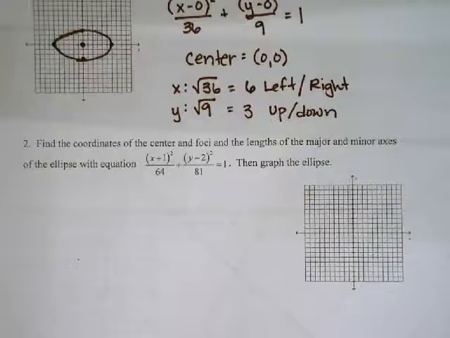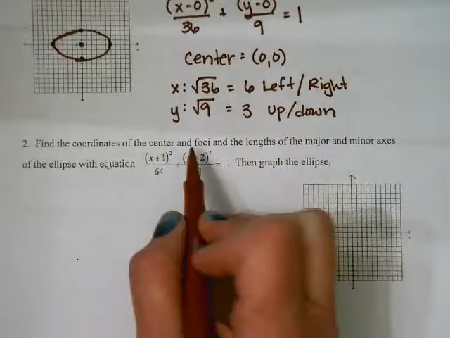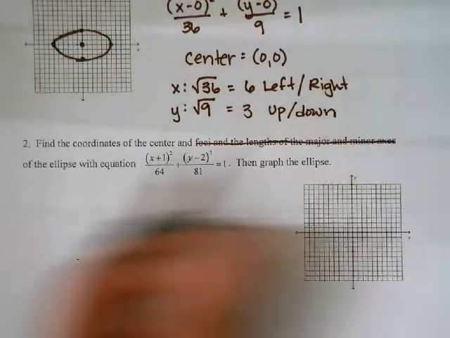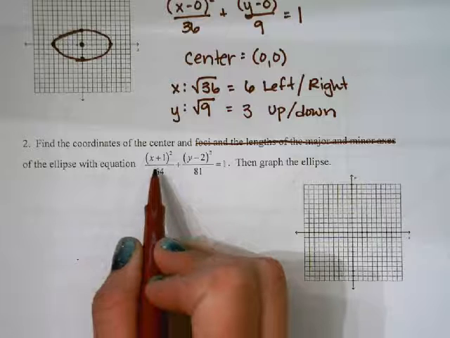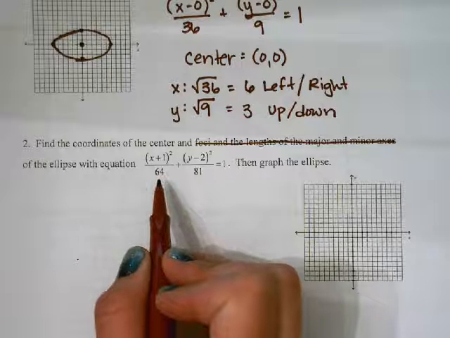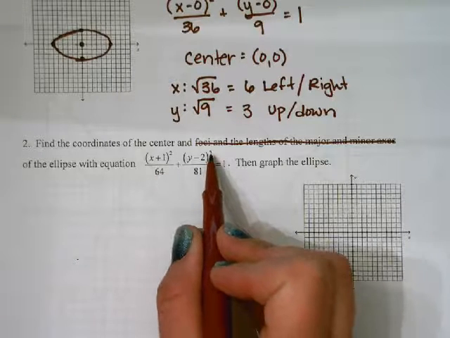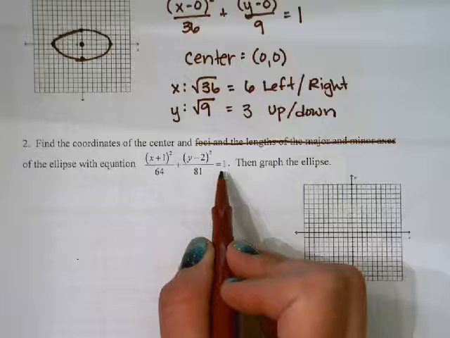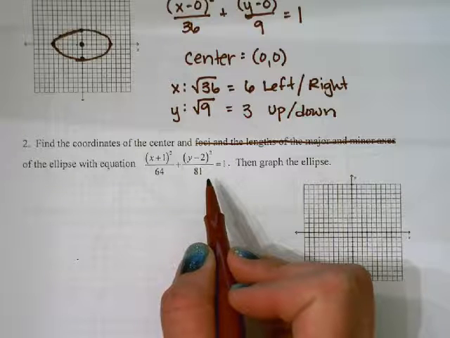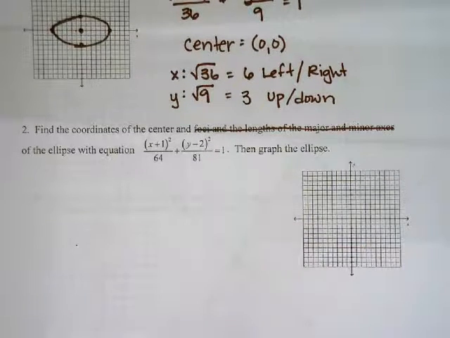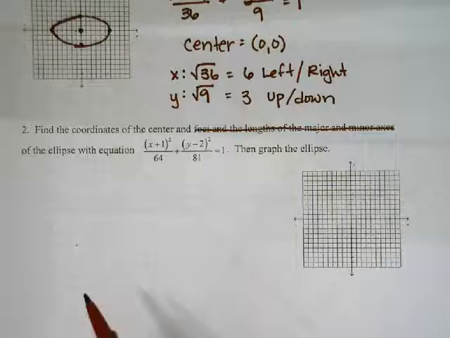Number 2 says find the coordinates of the center and the foci, and the lengths of the major and minor axes of the ellipse with the equation (x plus 1) squared over 64 plus (y minus 2) squared over 81 equals 1. This guy is in the correct form. We've got him with our h and our k. We've got denominators. He equals 1.